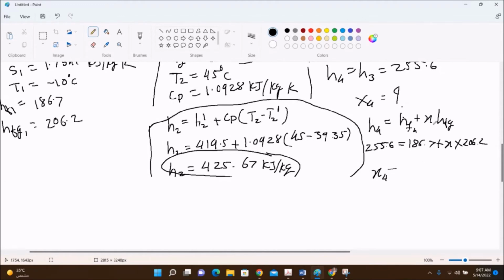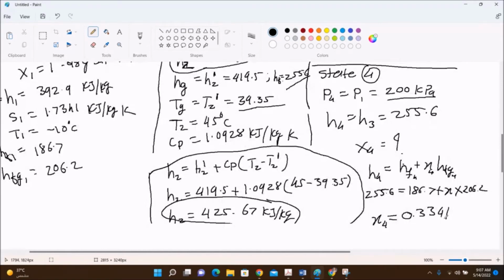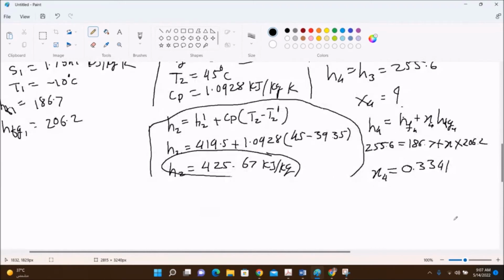I will add the subscript 4 here, because at pressure P4 equal to P1. So X4 is equal to 256 minus 186 divided by 206, which is 0.3341. So 33% liquid and 67% vapor.